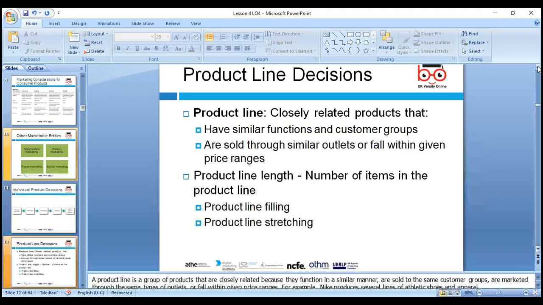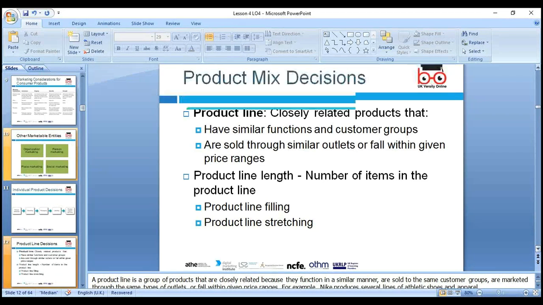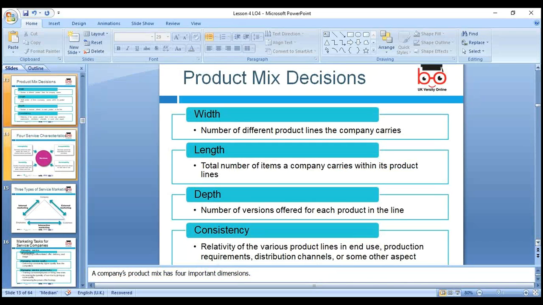A product line is a group of closely related products that have a similar function, are sold to the same customer group through similar outlets, and fall within a similar price range. For product lines, we can look at product line filling and product line stretching; we can reduce them or lengthen them. In the product mix decision, the width is the number of different product lines the company carries, and the length is the total number of items the company carries within the product line.